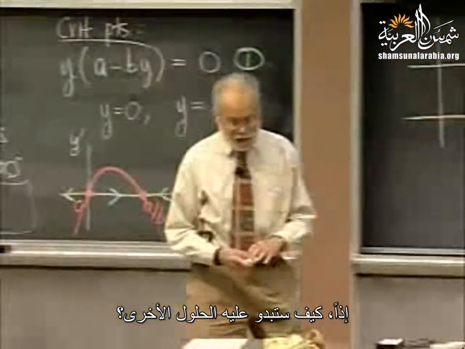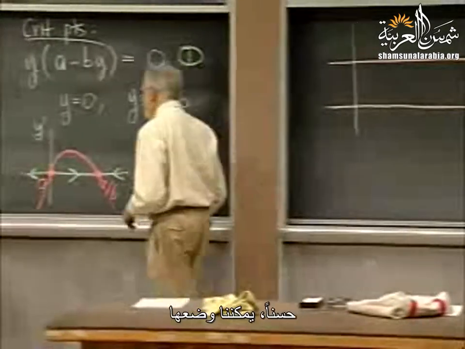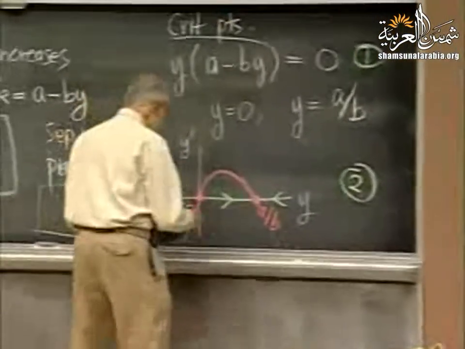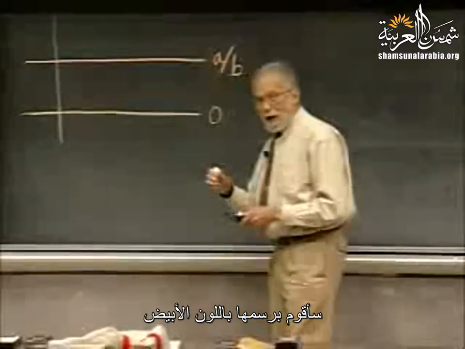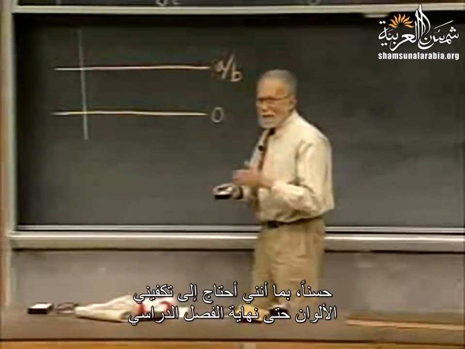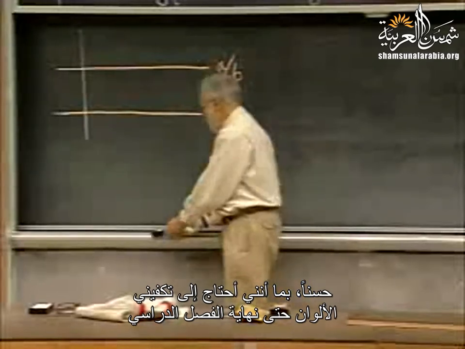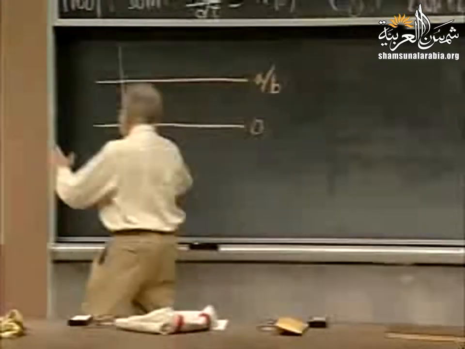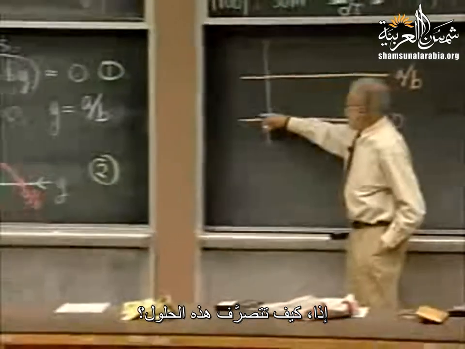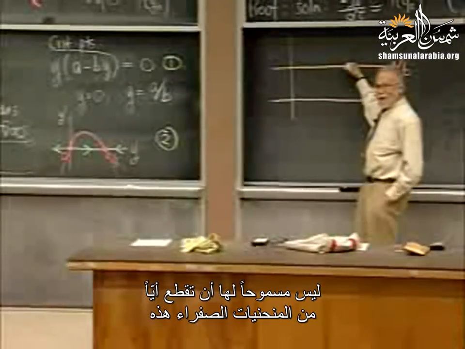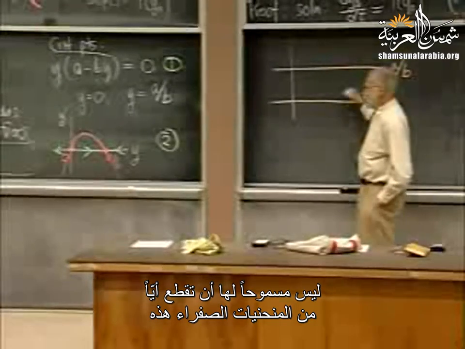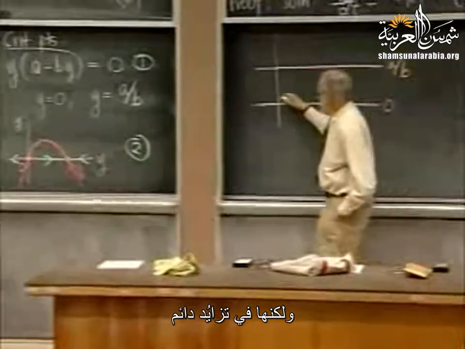So how do these other solutions look? Well, we can put them in. I'll put them in white, because I think this has got to last till the end of the term. So how are they doing? They're increasing in between the two curves. They're not allowed to cross the yellow curves, but they're always increasing.